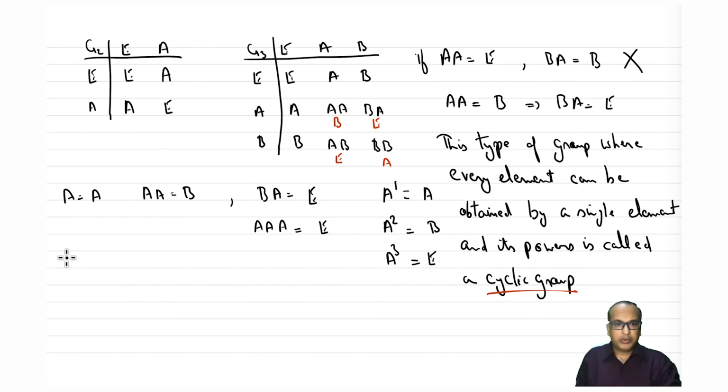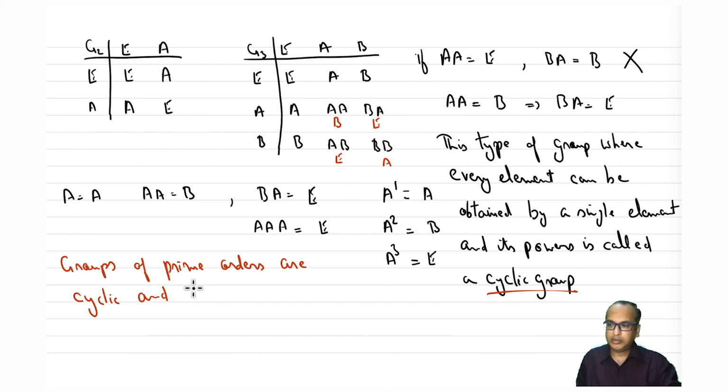Also, it is important to see, and you can verify this yourself, that groups of prime orders, where h is equal to 2, 3, 5 and so on, are cyclic and abelian.